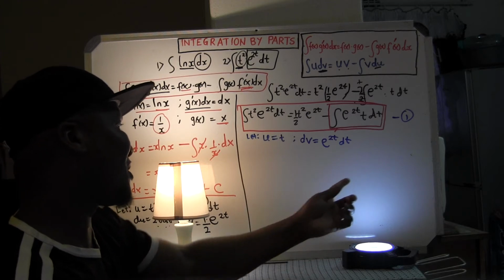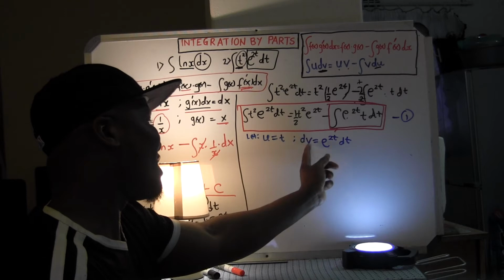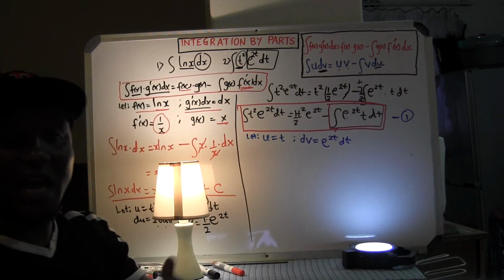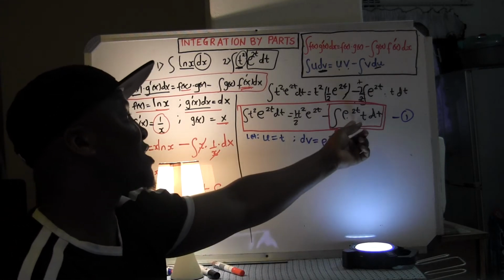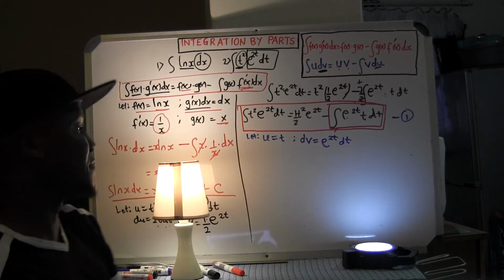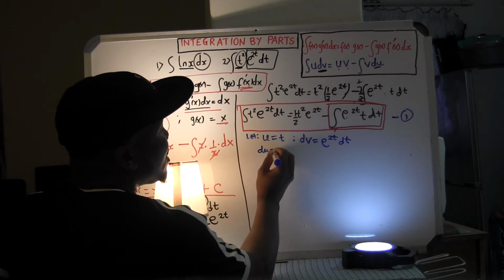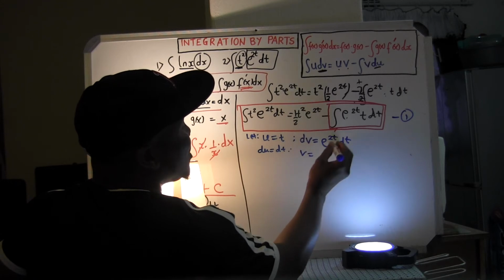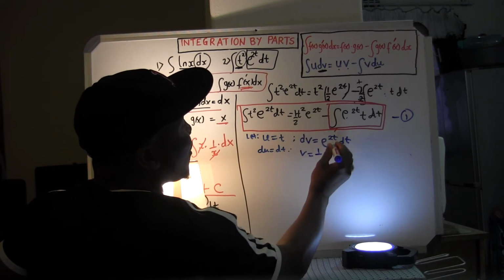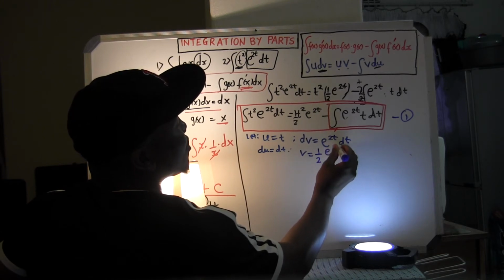Whenever I have a t with something, let u equal t, and let dv equal the exponential function. So integrate the exponential function and differentiate just the t. So du equal to dt, and when you integrate dv you get v. We know we're going to get 1 over the derivative of 2t, which is 2, and then e to 2t.